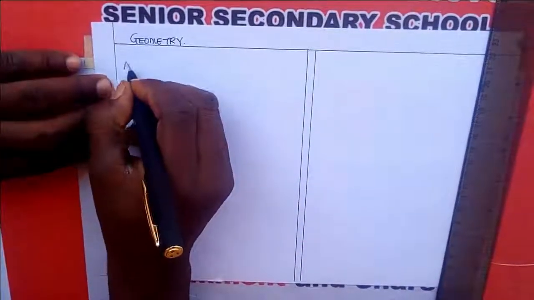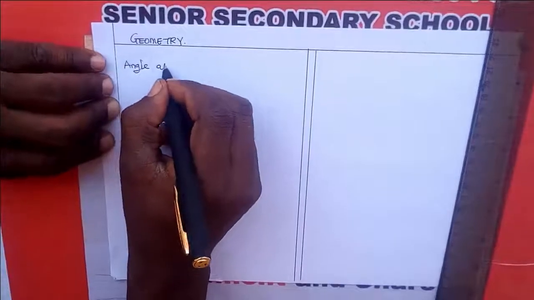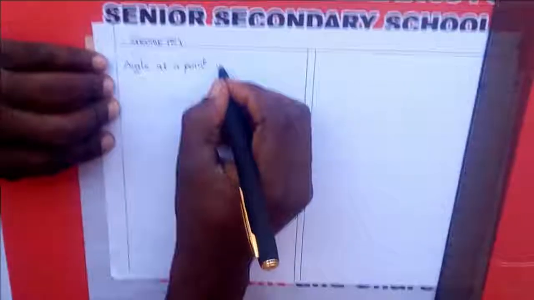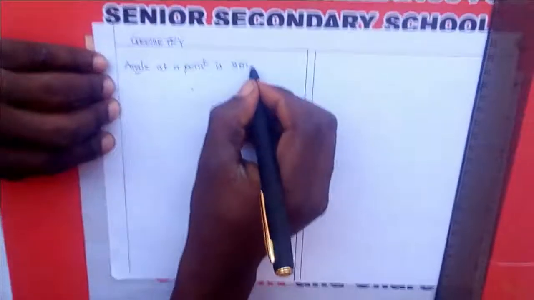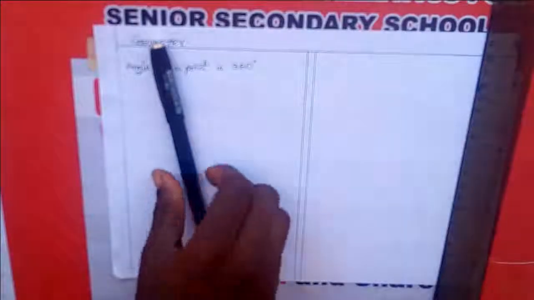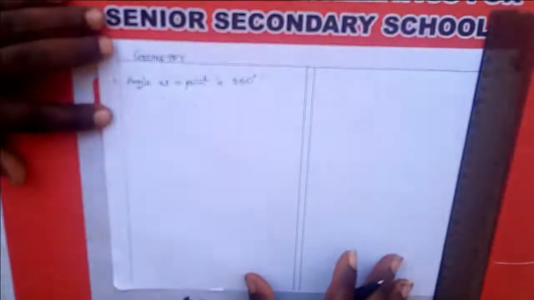So we say angle at a point is 360 degrees. So that is the first theorem we are going to take.